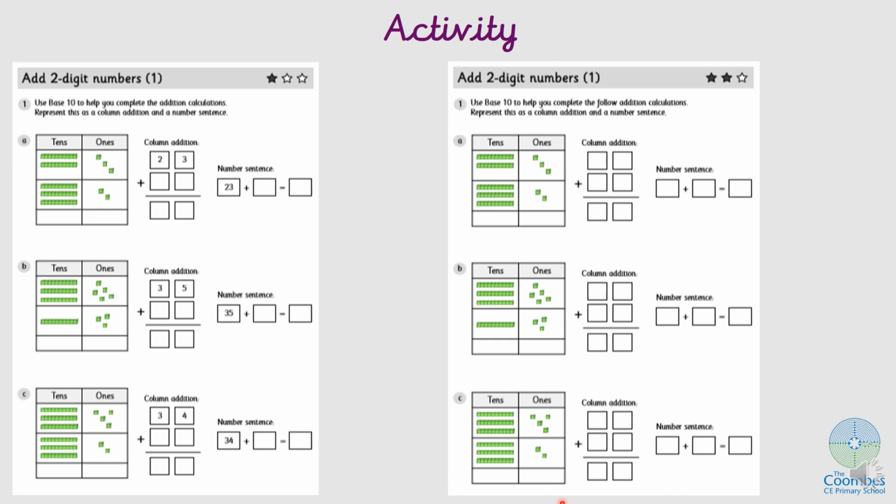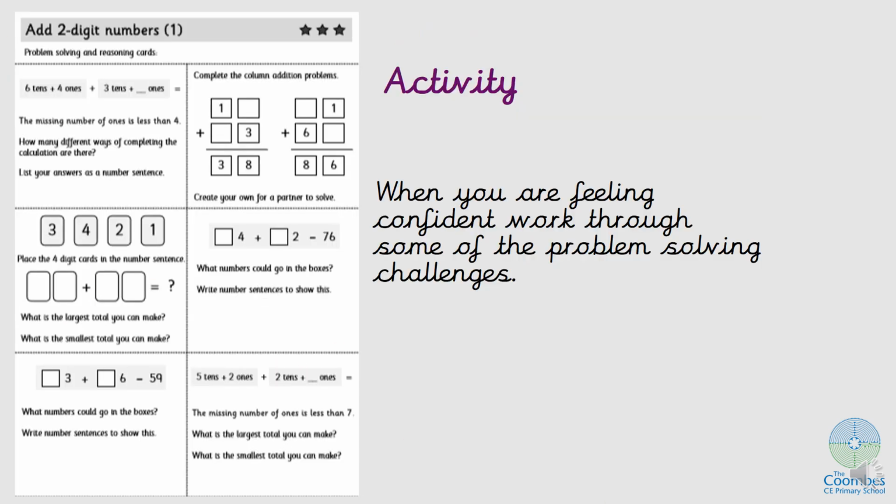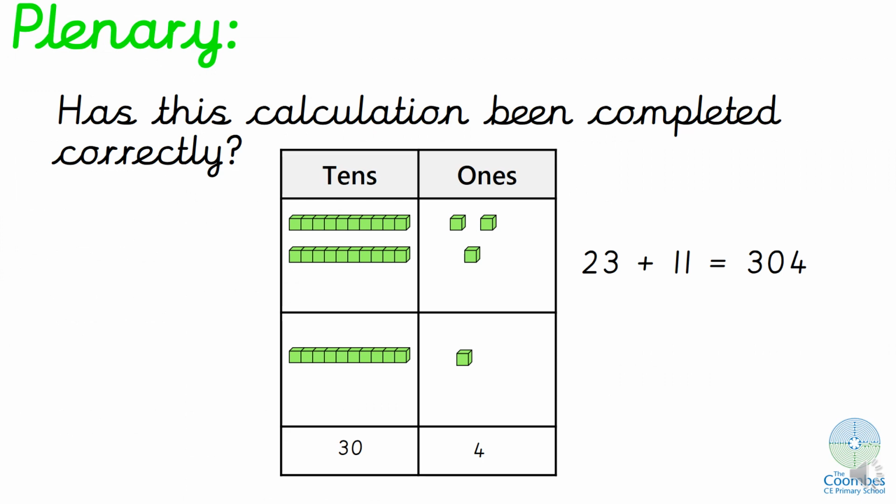So have a little look at the worksheet and decide which one you want to give it a go first. Once you have completed the mild or the medium challenge, you can try the hot chilli challenge, which is using some problem solving skills. But give the mild or the medium one a go first, and then see if you can challenge yourself further.